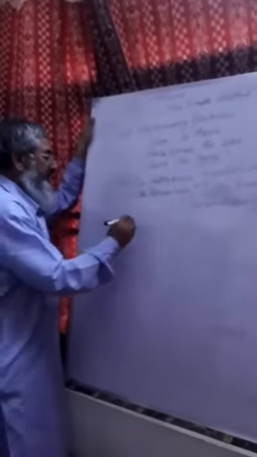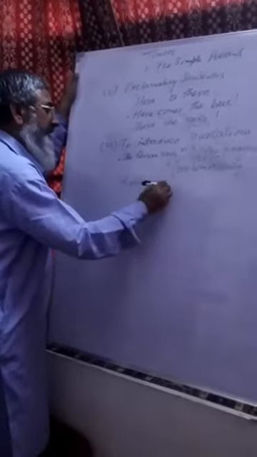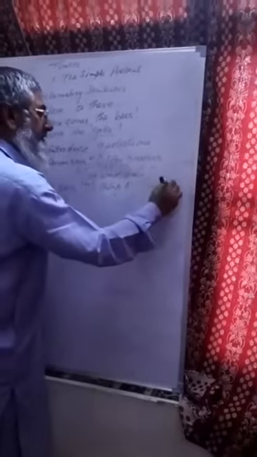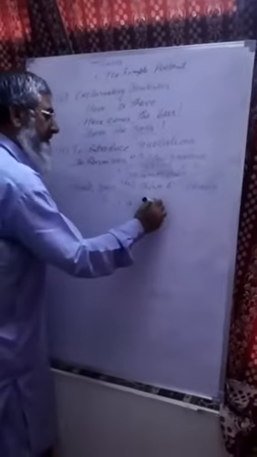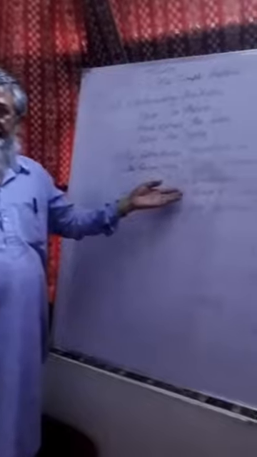Offer is the first form of verb, so it is the simple present. Or another example, Keats says, a thing of beauty is a joy forever. This is another quotation, and while quoting these quotations, we use simple present.